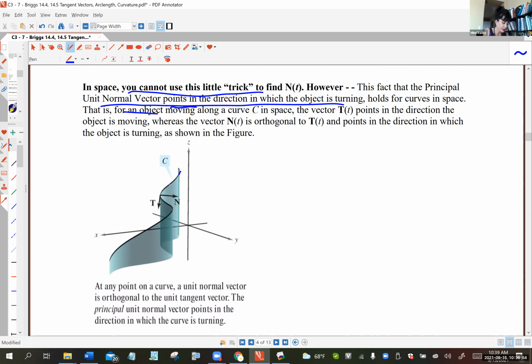So they're showing you here if this curve is headed down this way, then it is sort of turning, you know, driving along to the left. So the big N will point in the direction it's turning. Because you need big N to be orthogonal to big T at all times. At all times, people, like for realsies. You don't get some of the time.